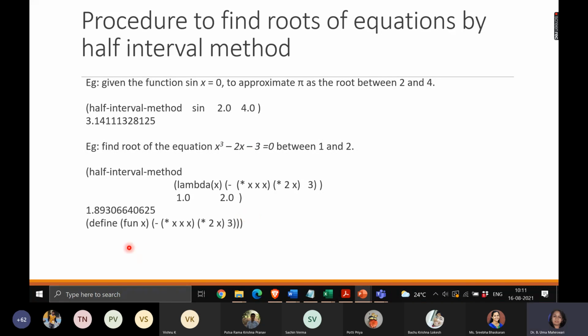Next, look at this. I have a function defined, fun. Fun is defined as x cube minus 2x minus 3. In the previous case, I didn't define it at all, and I was just using the lambda function. Now there is an explicitly defined function, a def statement, defining the function of x. The same thing I have written here. So now this is a user-defined function, right? And how to call it? What is the name of the function? Fun.